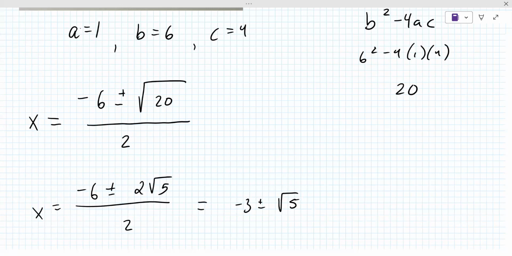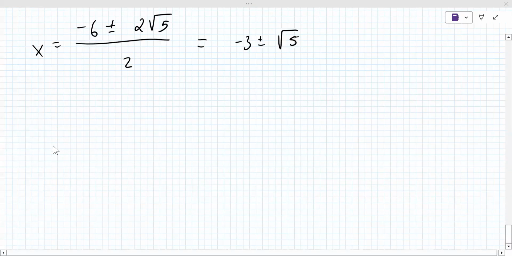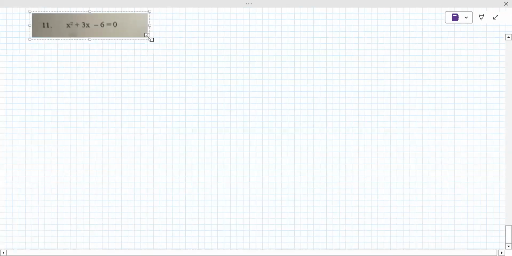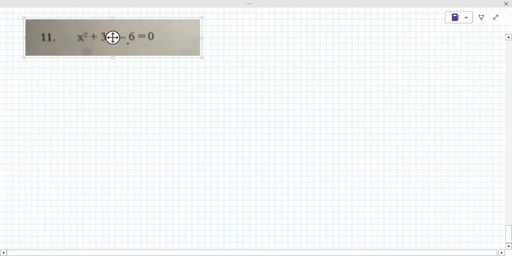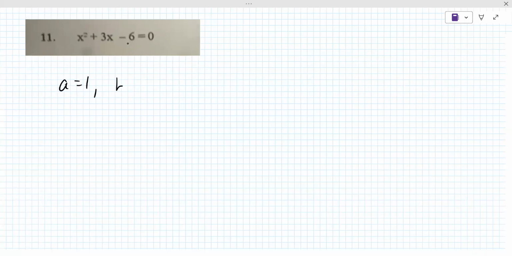All right, let's go back to 11. Got A equals 1, B equals 3, C equals -6. Will you calculate the discriminant again? Sure.